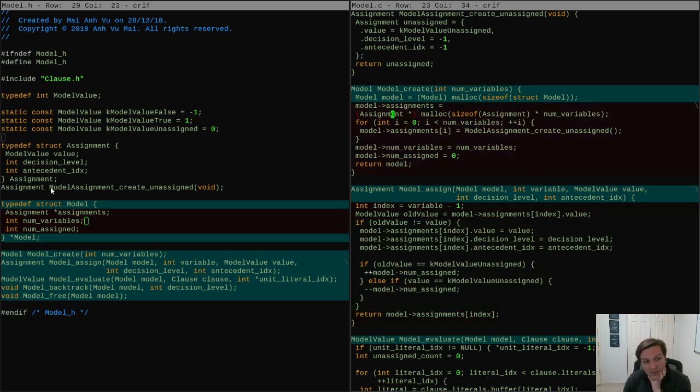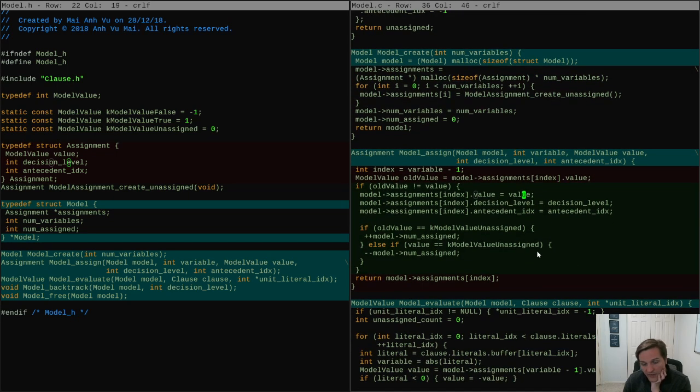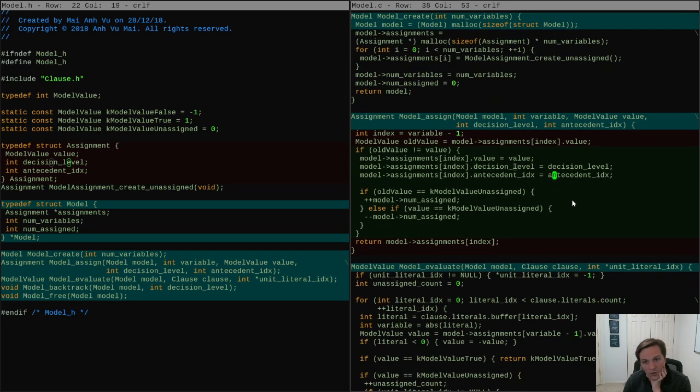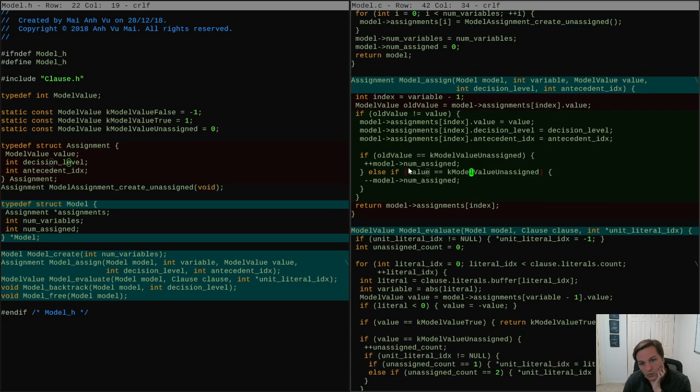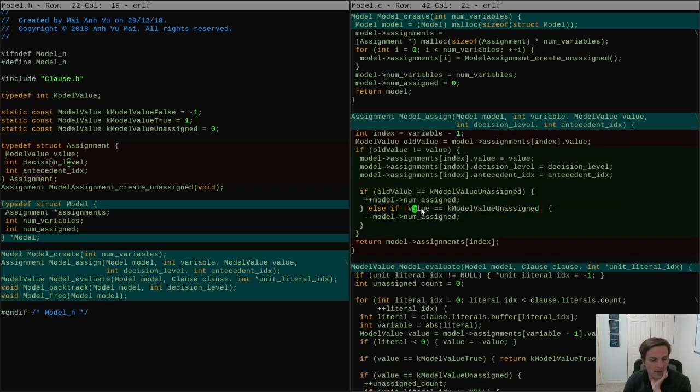So we have these assignment things, and we know what the value part is. We don't know anything about the rest, but then it comes in here and says, okay, the value has been changed. So now these things which we don't understand yet have been updated, and then we keep track of how many variables are assigned by looking at what changes occurred.